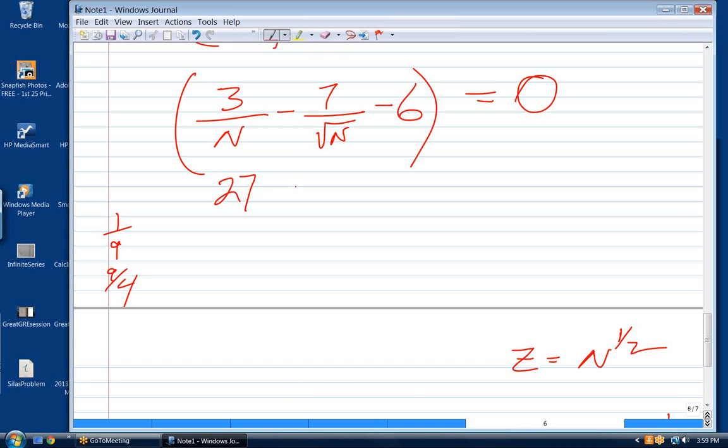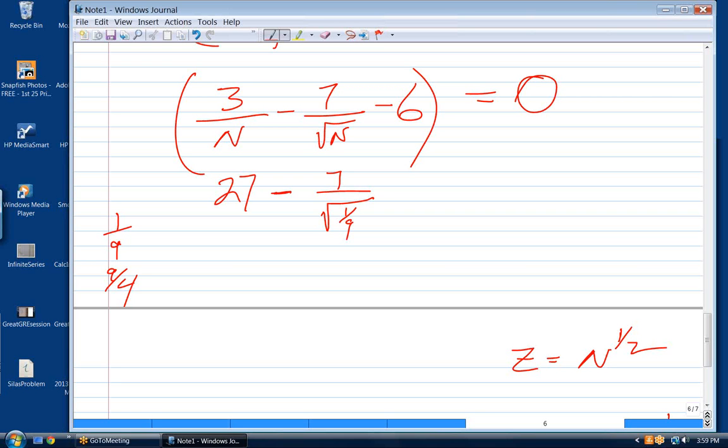So that's 27. What's 7 over the square root of 1/9? Remember when you take the square roots of fractions, they get bigger. They don't get smaller. You take the square roots of numbers bigger than 1 and they get smaller.